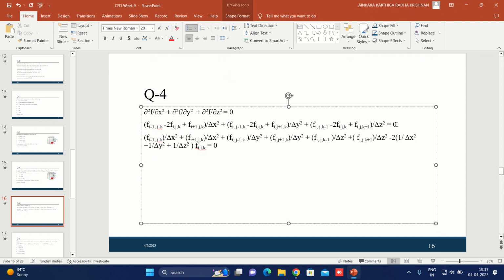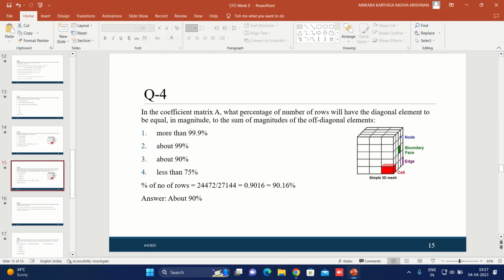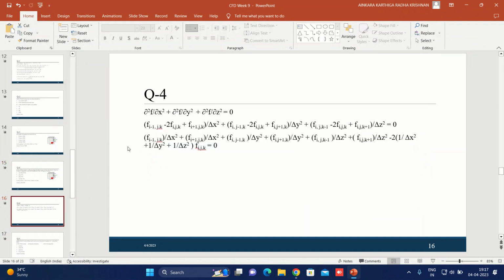So when we are taking only the coefficients, that is 1 by delta x square plus 1 by delta x square. What was the question: in the coefficient matrix, what percentage of number of rows will have the diagonal element equal in magnitude to the sum of the magnitudes of the off diagonal elements? The diagonal magnitude is 2 times 1 by delta x square plus 1 by delta y square plus 1 by delta z square.